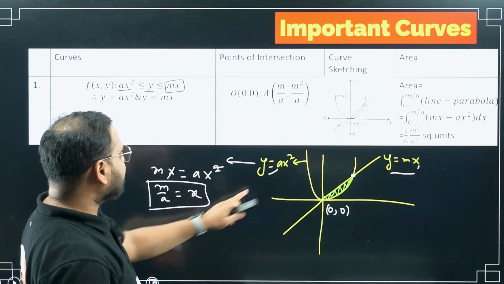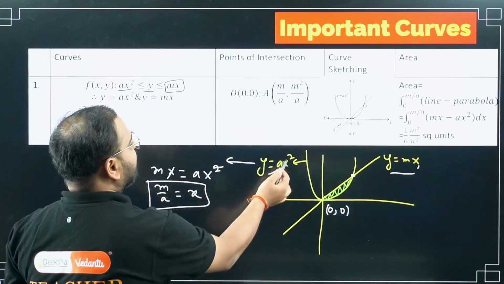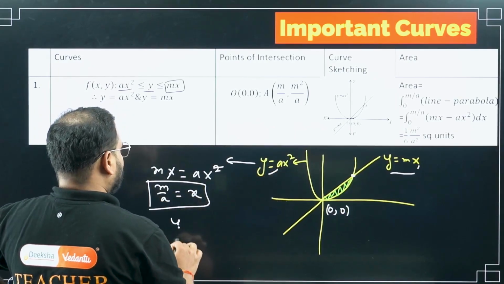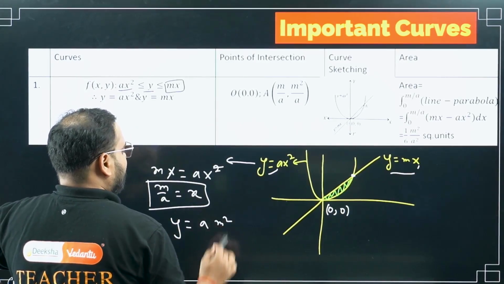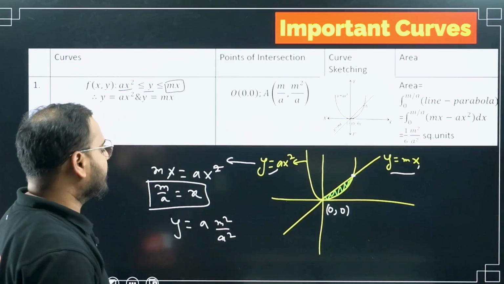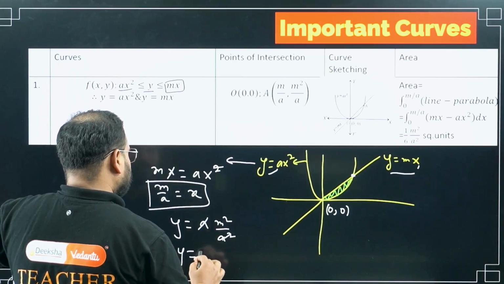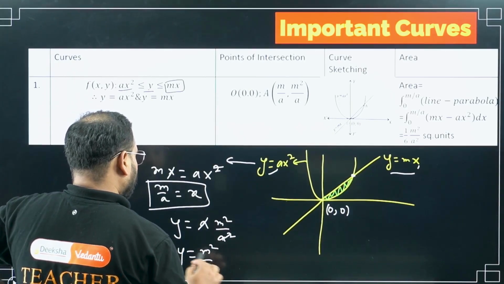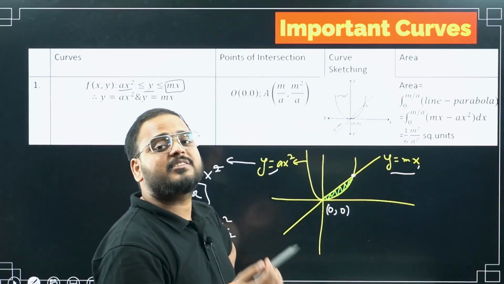Now substitute this x in place of x over here and find the y value. So I get y equals ax square. What is x? M square by a square. This and this cancel. What is my y value? Y value is m square by a. So this is the way we find our point of intersection.